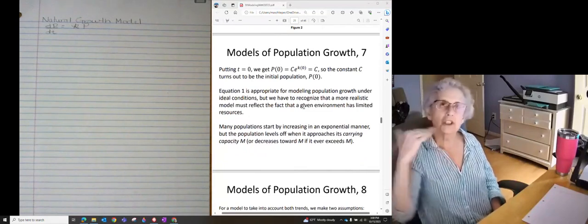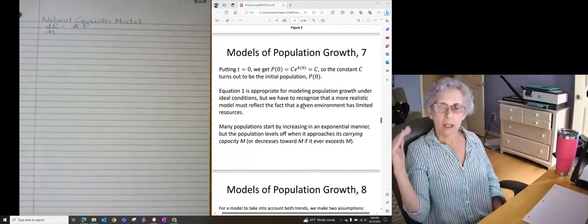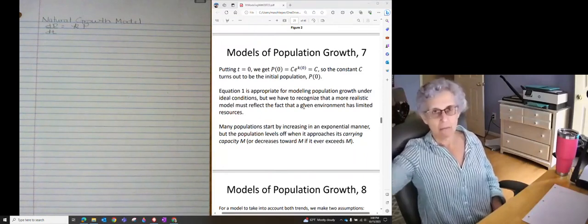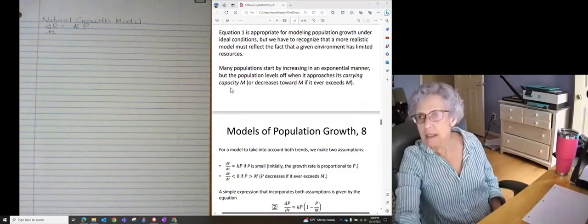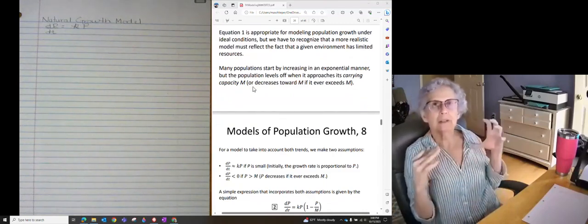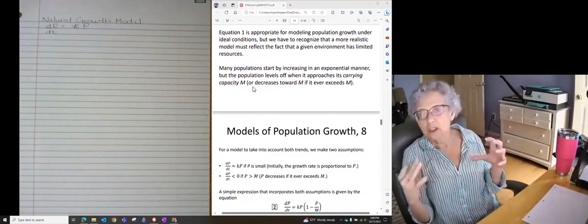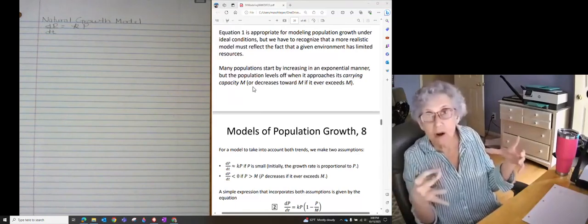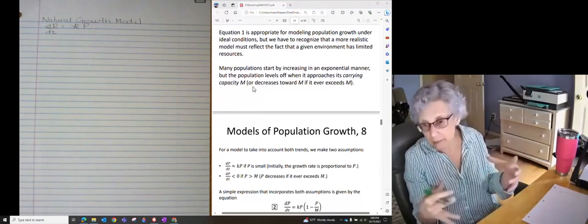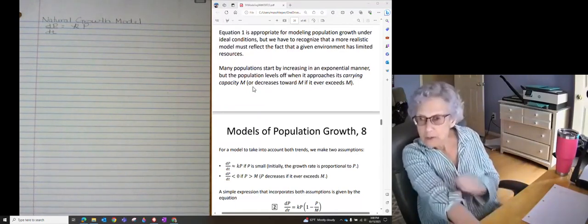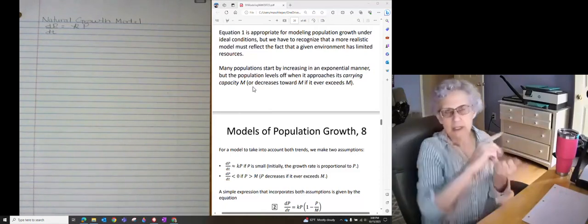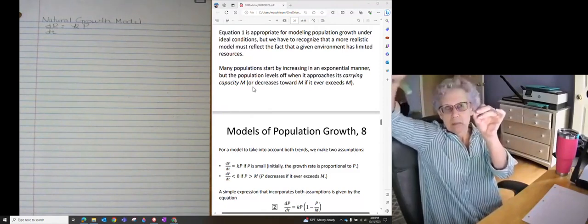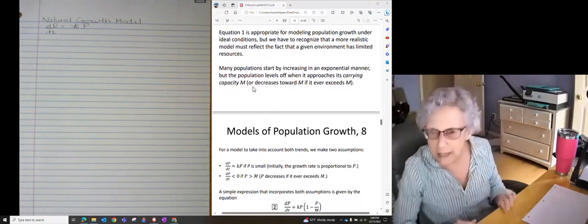Many populations start out growing that way, but then they reach a point where they have to start leveling off. So we want to take into account that there's some carrying capacity, M, which is the biggest number of mice that could actually fit on the island. So for a model that takes into account both trends, that it grows really fast at the beginning, but then as it approaches that carrying capacity, its growth rate slows down.